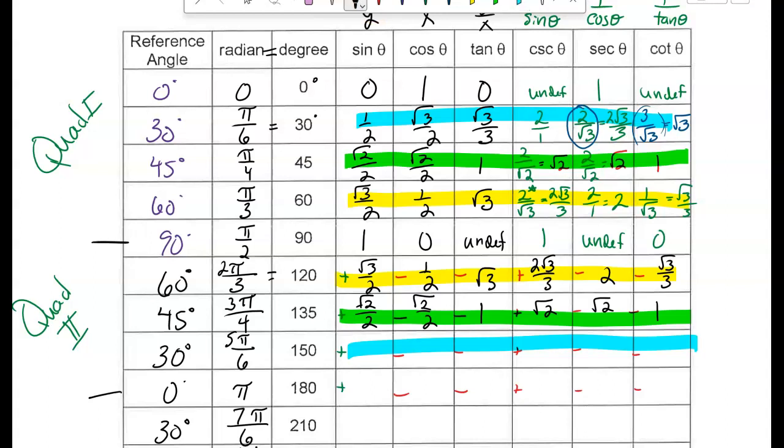So I go over here at 30 degrees, so that would be a 1/2 here. I have a negative root 3 over 2, negative root 3 over 3, a positive 2, negative 2 root 3 over 2, and we're going to have a negative, make sure I use my right values here, negative root 3.